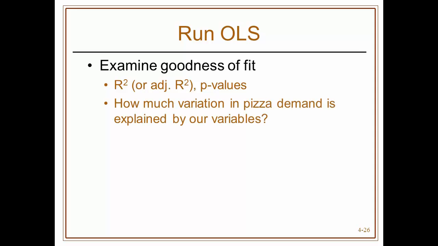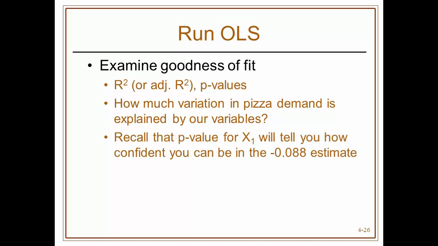So again, the r-squared helps us to answer this question: how much variation in pizza demand is explained by the variables that we've chosen? And we said the adjusted r-squared was about 0.67, so we can say about 67% of the variation in pizza demand is explained by these variables that we picked. And then we want to look at our p-values, t-statistics if you want, because the computer is telling me that the relationship between price and quantity demanded is this negative 0.088, but I want to know if that's statistically significant or not.